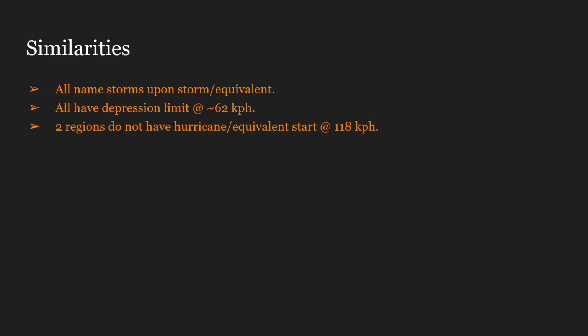And only 2 regions do not have a hurricane equivalence, starting at 118 kilometers per hour, which is around 74 miles per hour. This does make things much easier on me, thankfully. Again, note that the Joint Typhoon Warning Center monitors every single region we just talked about here, except for the Atlantic, as the Atlantic already uses the Saffir scale.